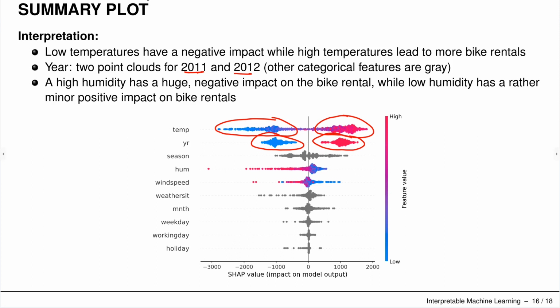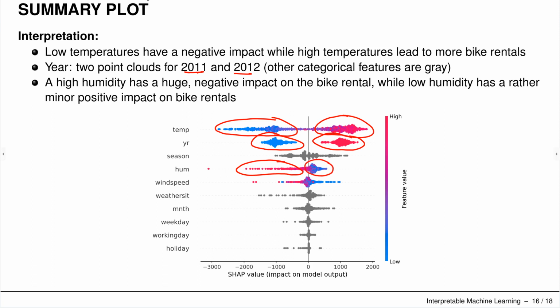And for humidity, for example, it's the other way around. High values of humidity, for example when it's raining, have a negative impact on the number of rented bicycles. And if you have low values for humidity, then you have a slight positive effect.